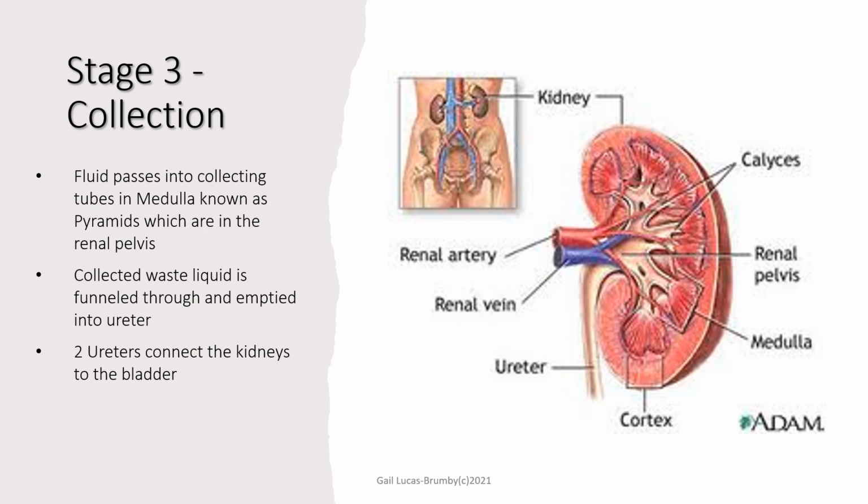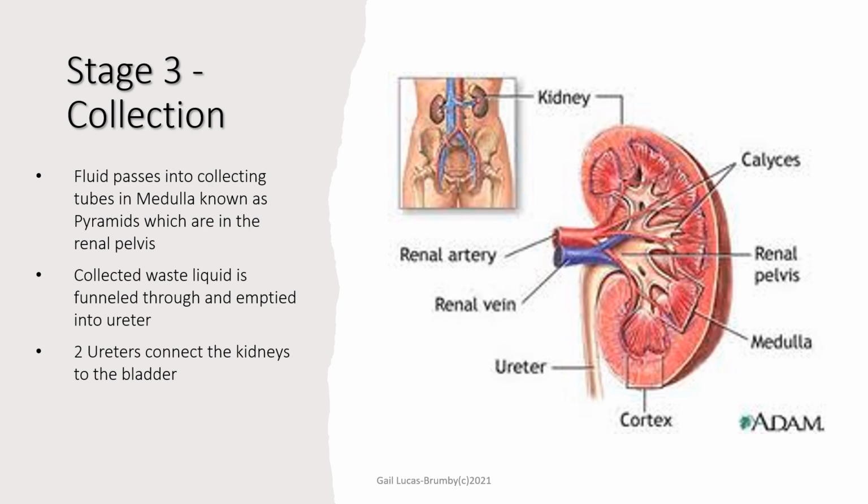The third stage, or collection stage, of filtration is when the fluid passes into collecting tubules. Now we've gone through the loop of Henle up into the convoluted distal tubules, and now we've been depositing the filtrate into collecting tubules in the medulla.